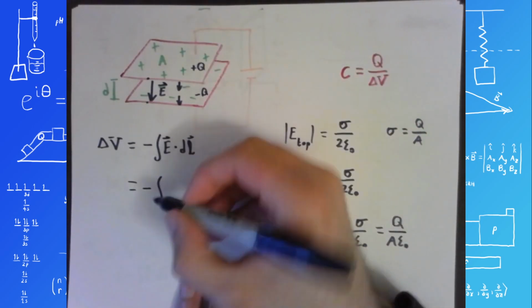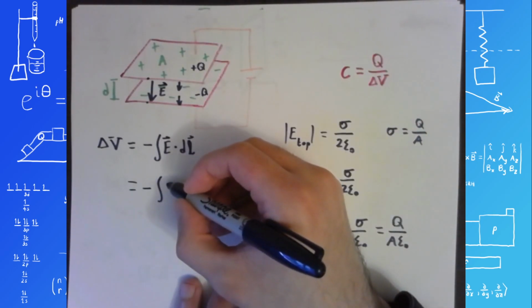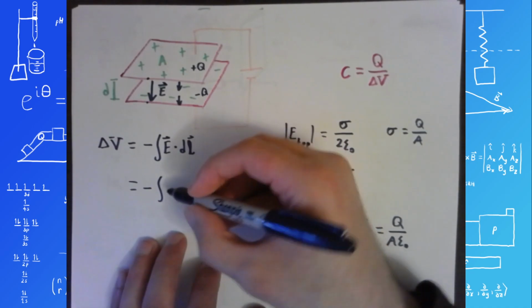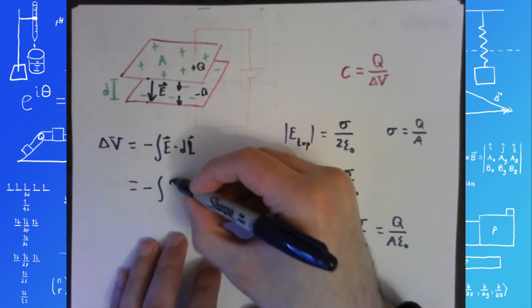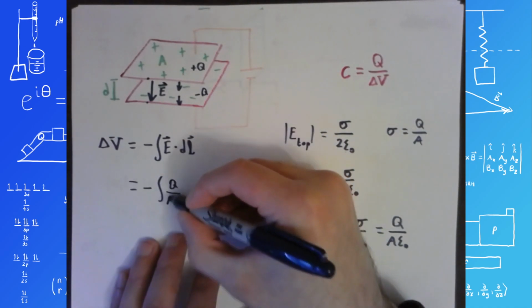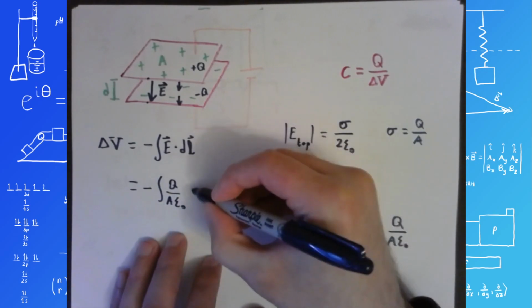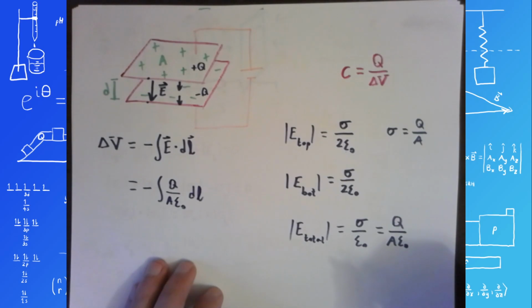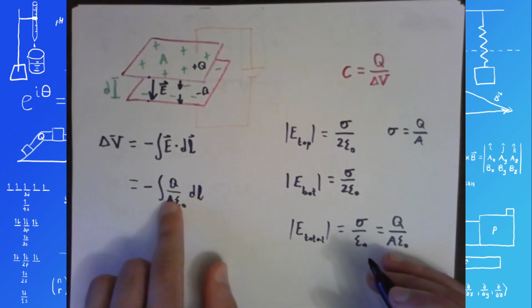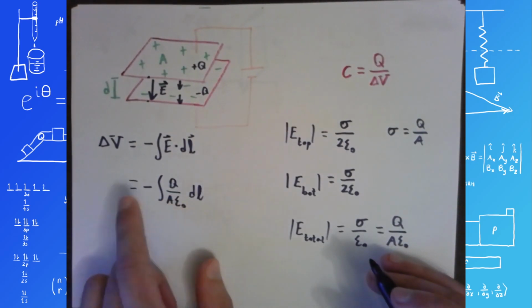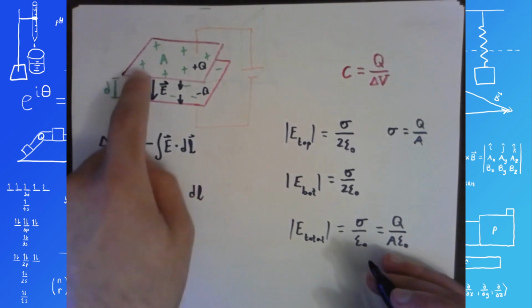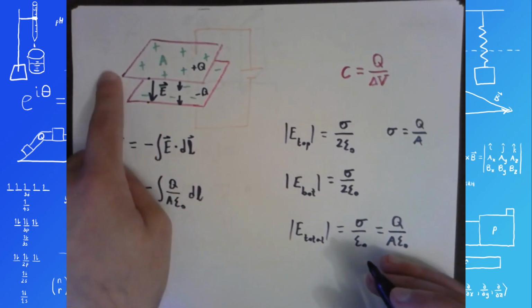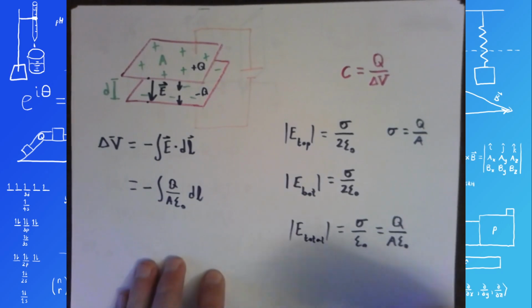The direction of the electric field is in the direction of the path we're integrating over. So it just becomes Q over A epsilon naught integral of dl. All this stuff is constant, so it can be pulled out of the integral, and then the integral of dl from this point to this point is just that distance d.